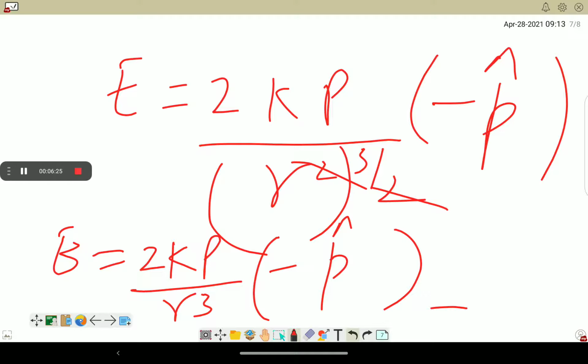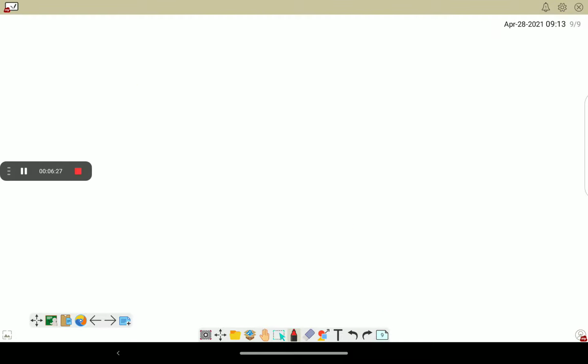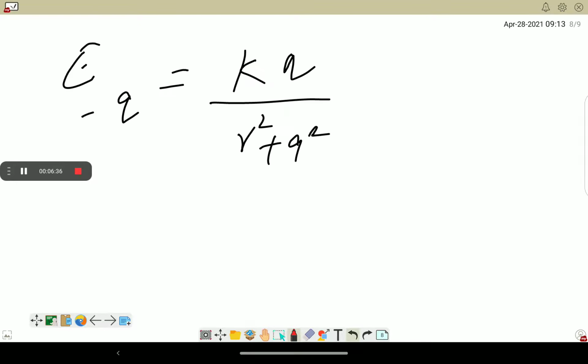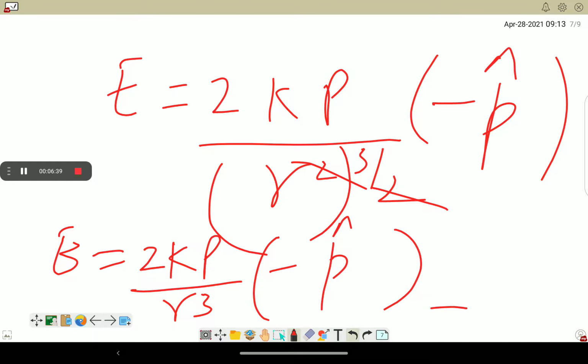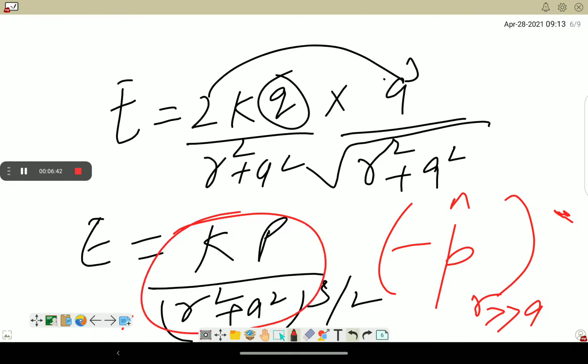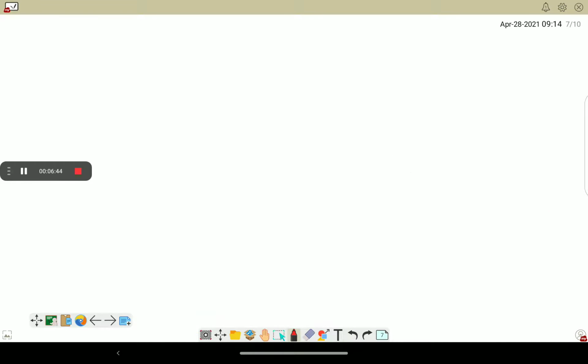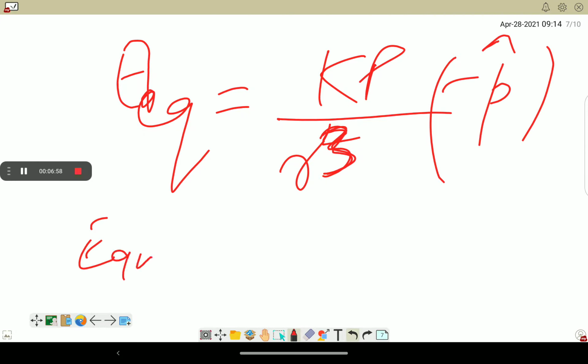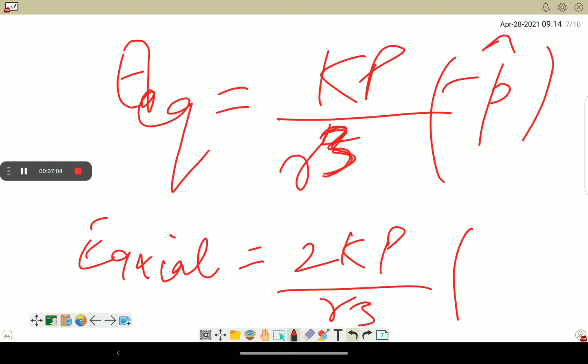What was coming at the axial point? The derivation we did last time gives, at a far off point, 2kp upon r cube in the p cap direction.